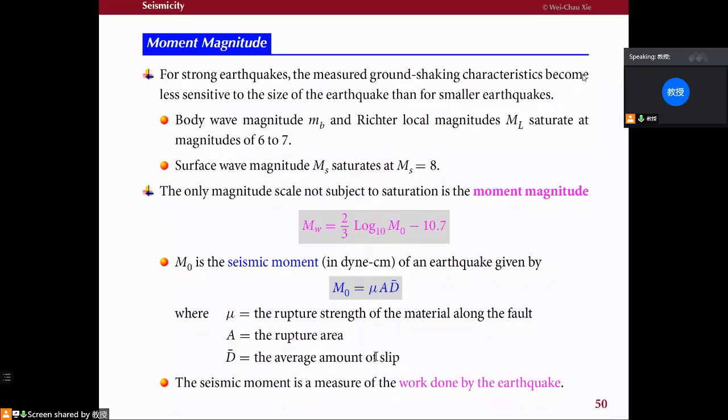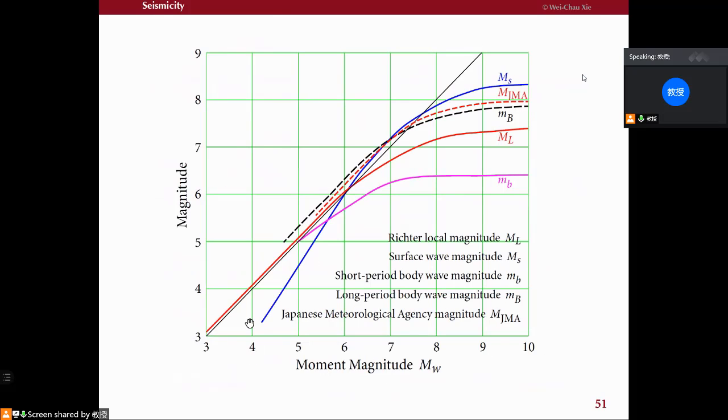This formula, the seismic moment, is a measure of the work done by the earthquake. And so you can see the solid black line is the moment magnitude. Other magnitudes would saturate for large size earthquakes.